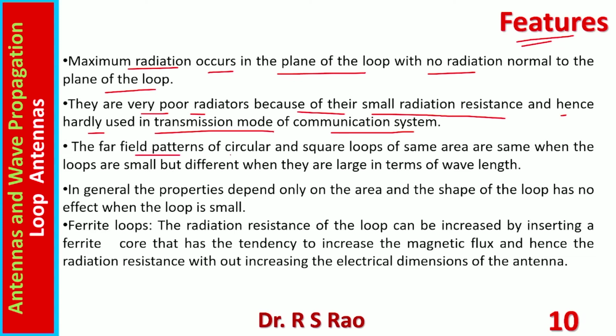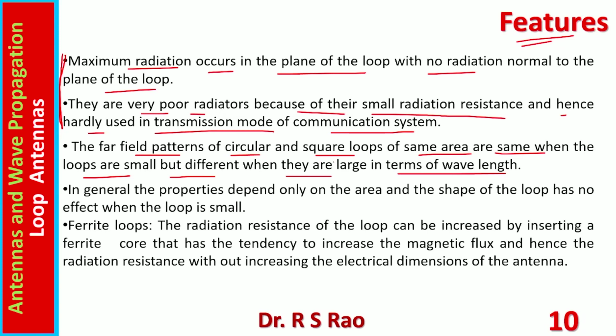The far field patterns of circular and square loops of the same area are the same when the loops are small, but different when they are large in terms of wavelength. The first 2 points pertain to small loops. The third point gives a comparison between small and large loops.